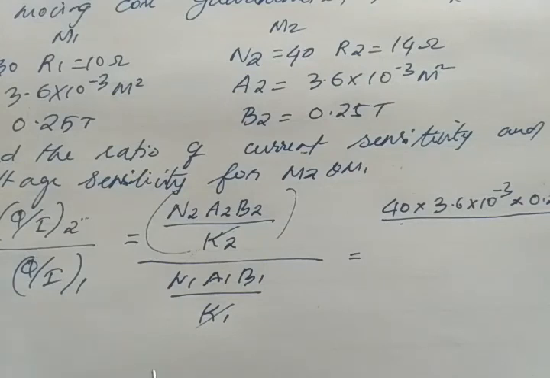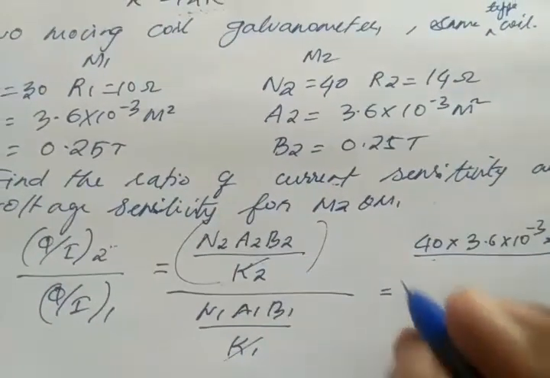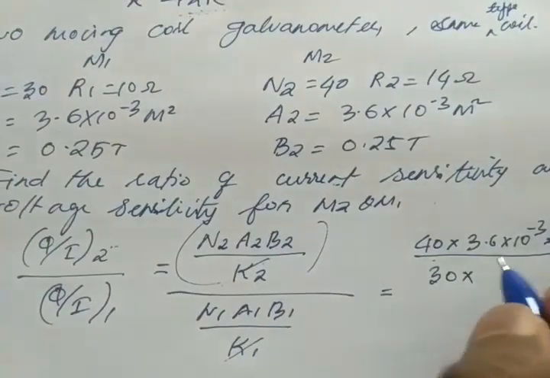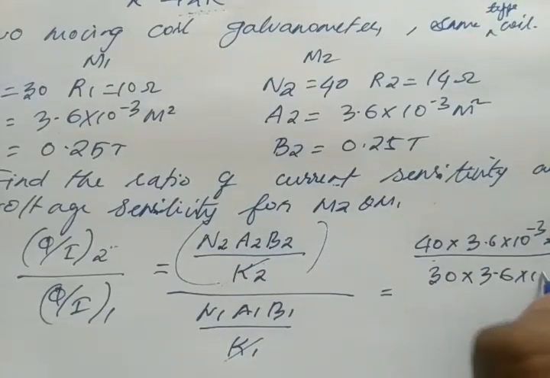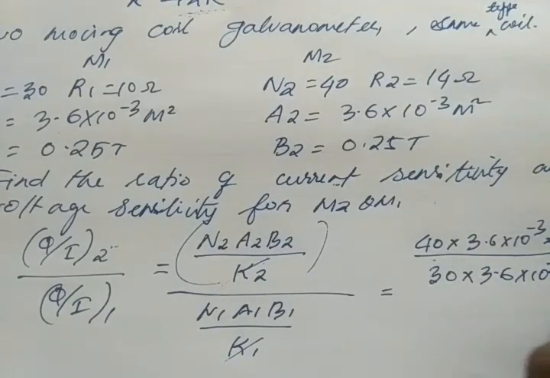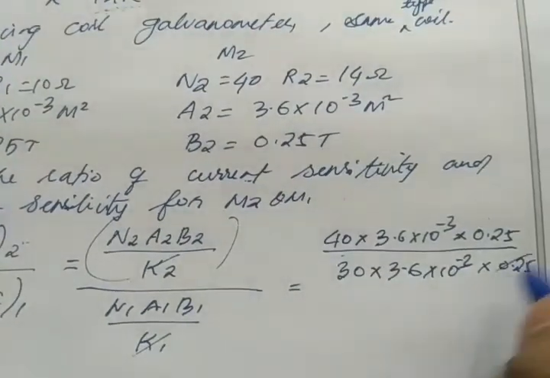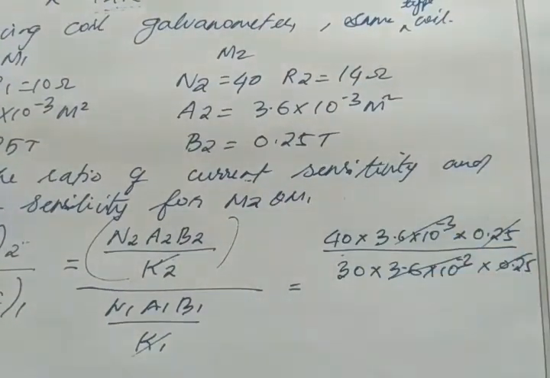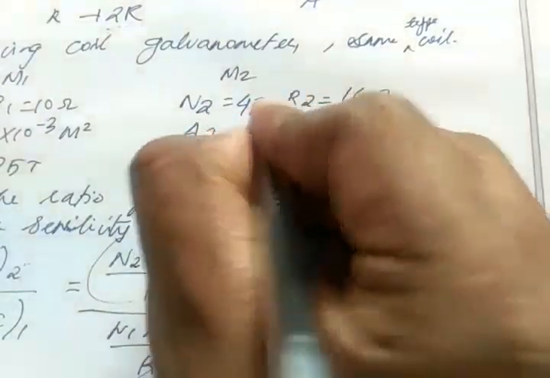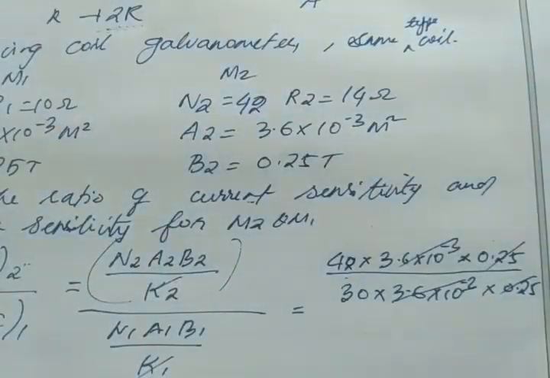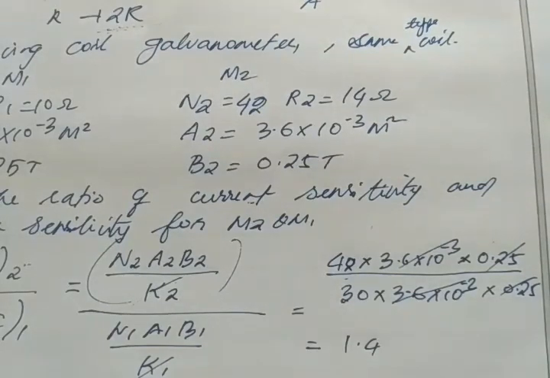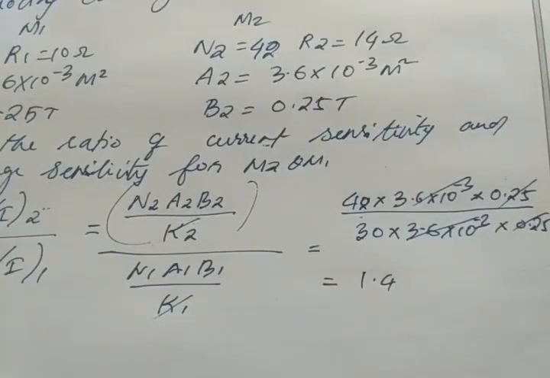Number of turns in the first coil is 30, A1 is the same 3.6 into 10 power minus 3, and B1 is the same 0.25 Tesla. So these get cancelled. Then we have 40 by 30. Actually the number of turns in N2 is 42. So 42 by 30 gives 1.4. The ratio is 1.4 for current sensitivity.